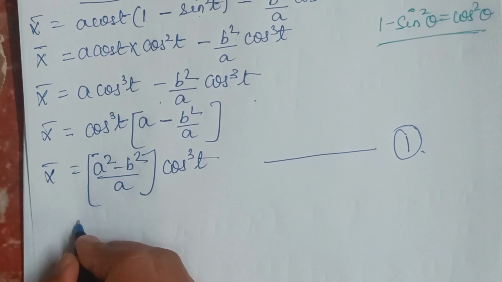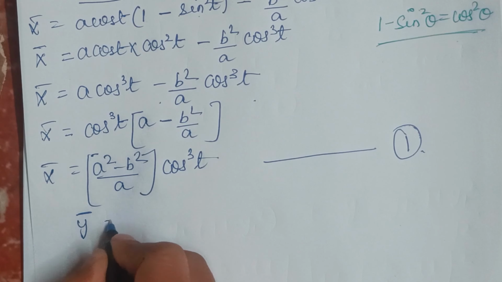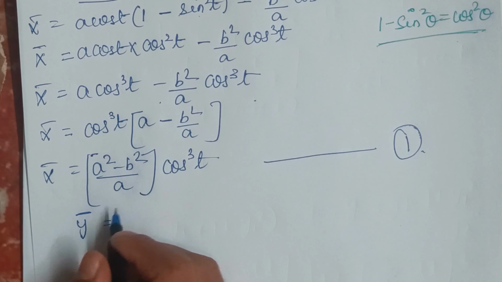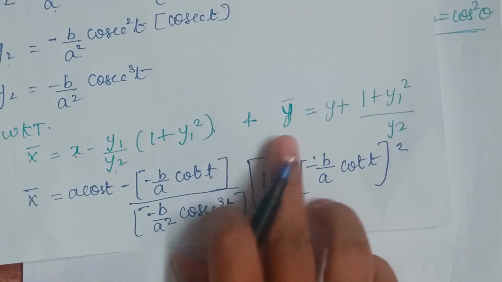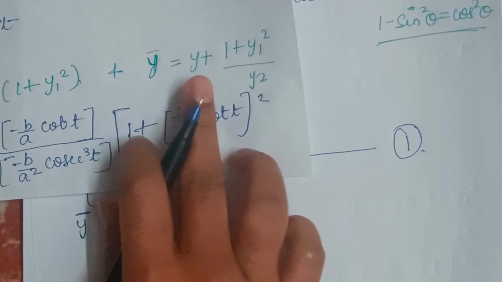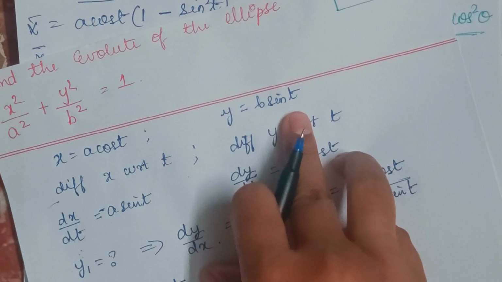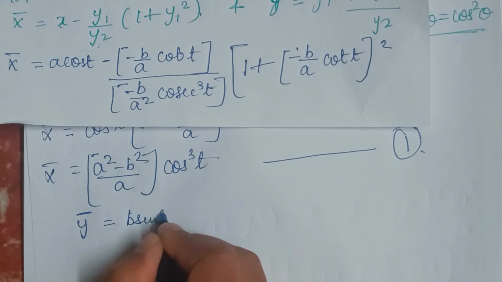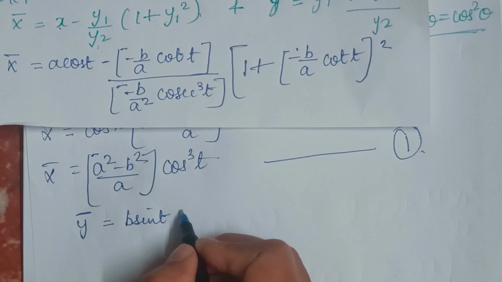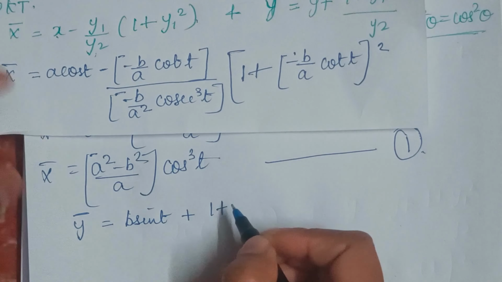Now we have to find y bar, which is nothing but, we already know the formula, right? y bar can be written as y. So what is y? y is b sin t. So I'll just write it. y is b sin t. And then plus 1 plus y1 square.